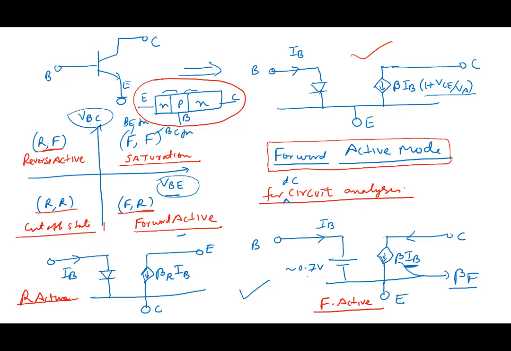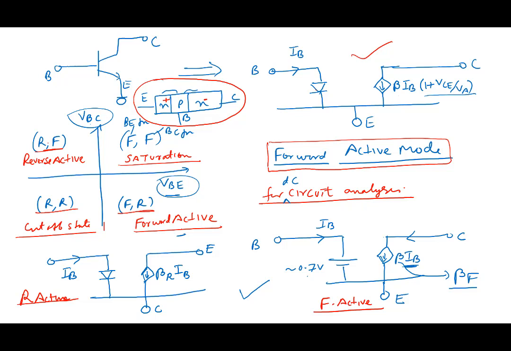But the bipolar transistor is made in an asymmetrical fashion. This is not just N, this is N plus, heavily doped, and the collector is actually lightly doped. So it's not that the emitter and collector are exactly the same. They're asymmetrical.